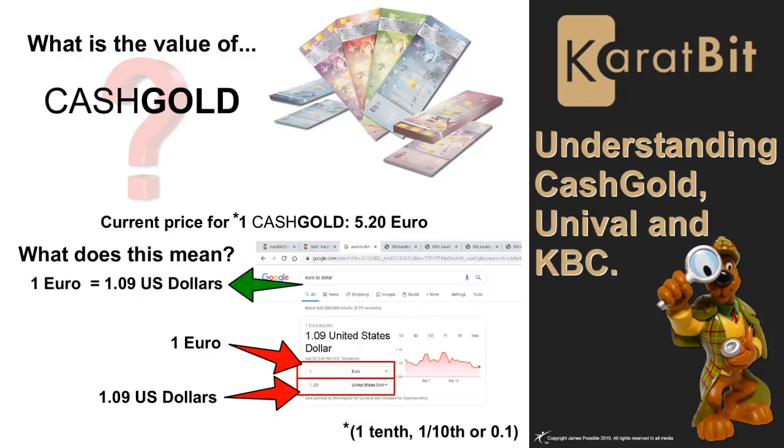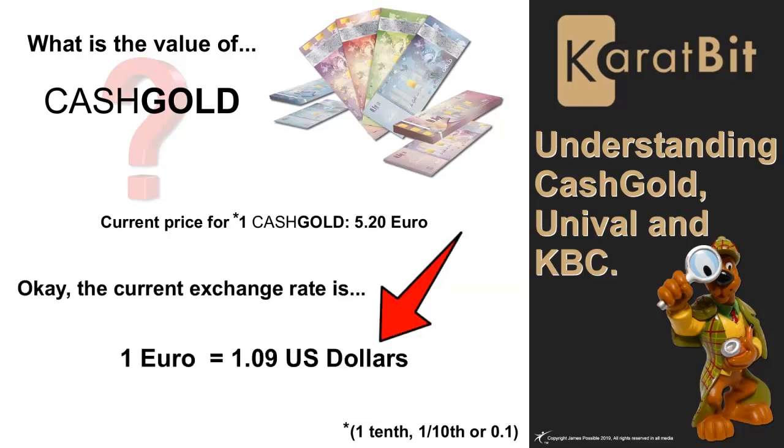That means for every 1 euro, I can get $1.09. So in this particular example, the euro is more valuable than the dollar. That's just a little side note, but that's really not what we're going after here. So every euro is worth $1.09 US dollars. Okay.